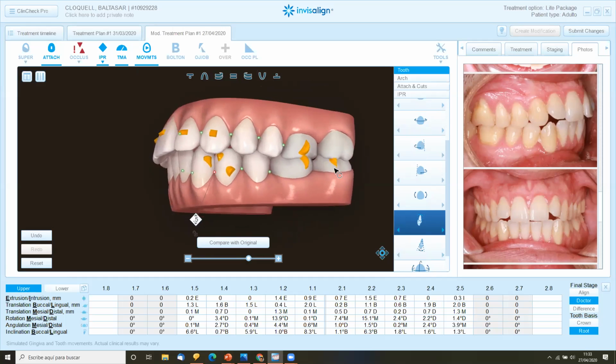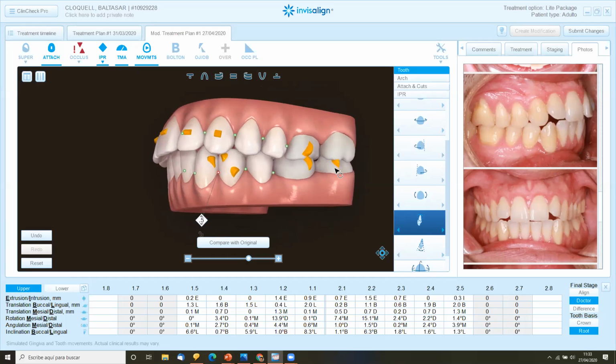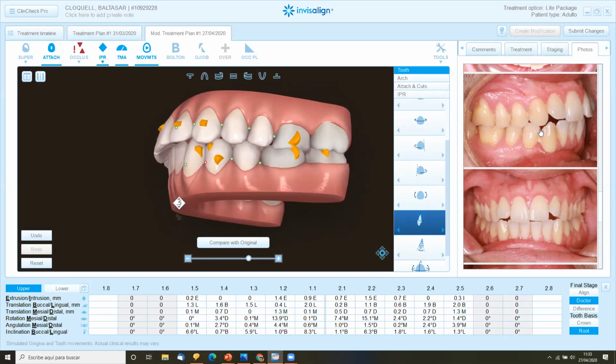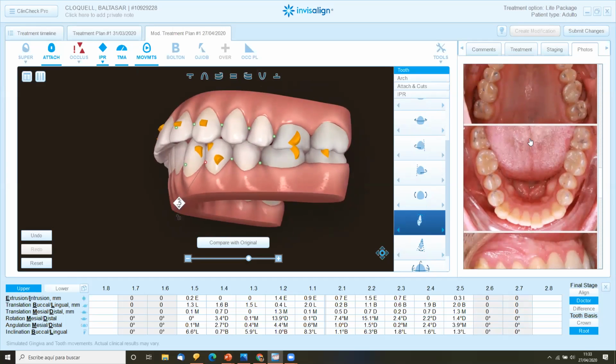And now I'm asking the technician, writing comments, not to intrude the premolars, okay? In fact, let's do one thing. Okay, if you look at the 34, the first premolar, lower left premolar, I look at it and I like the initial position.